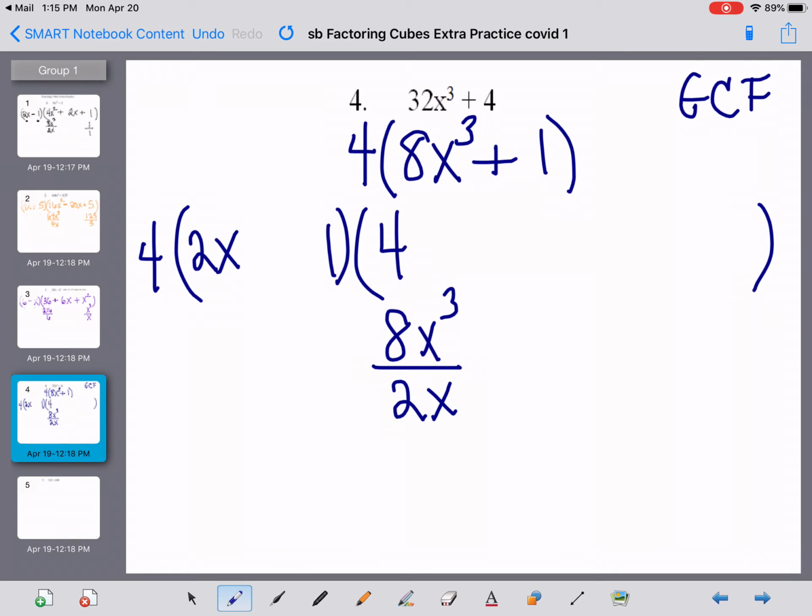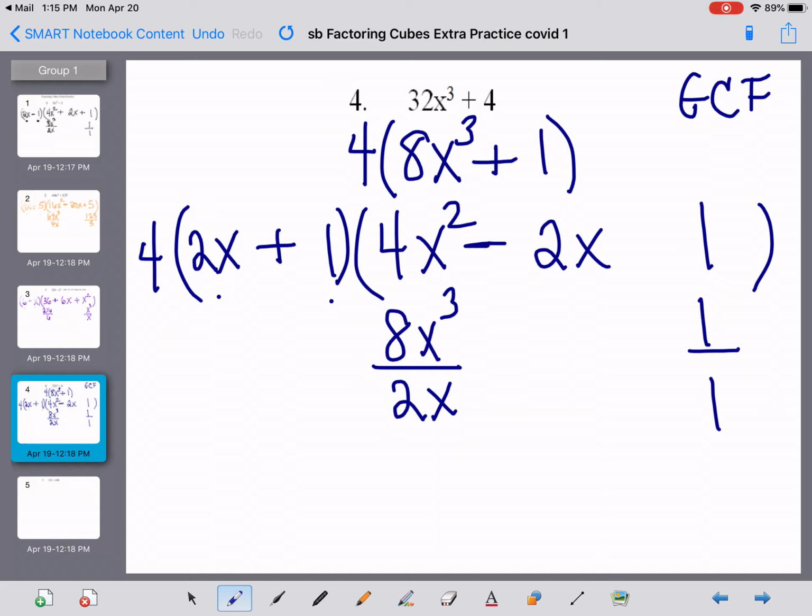X cubed divided by x: we had 3 x's, we took out 1, we have 2. 1 divided by 1 is 1. And then our middle value here is going to be 2x times 1, which is 2x. Same sign. Opposite sign. Always positive. Very similar to problem number 1, if you're wondering about that.